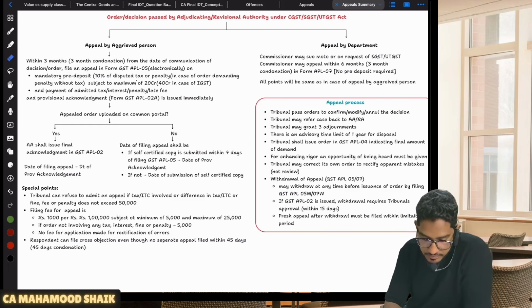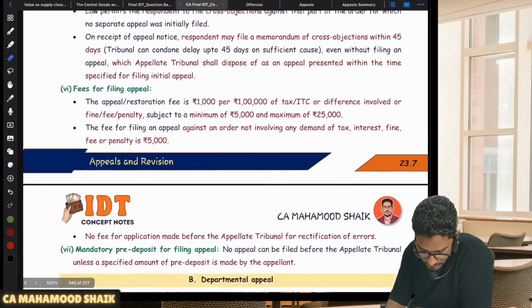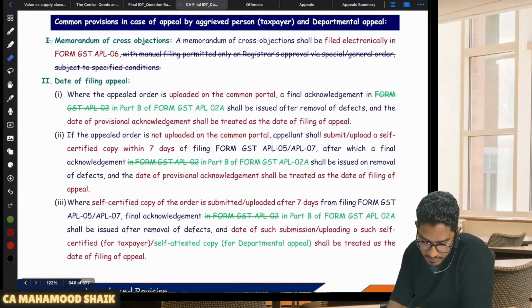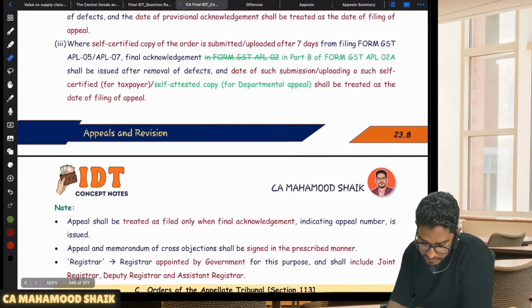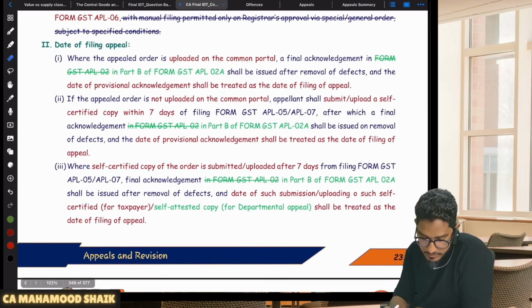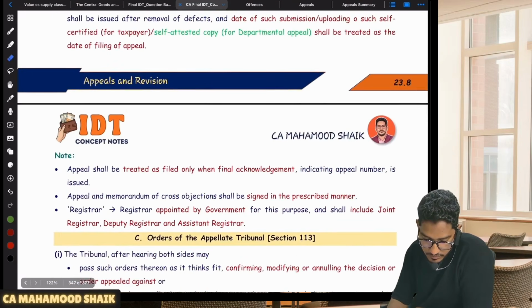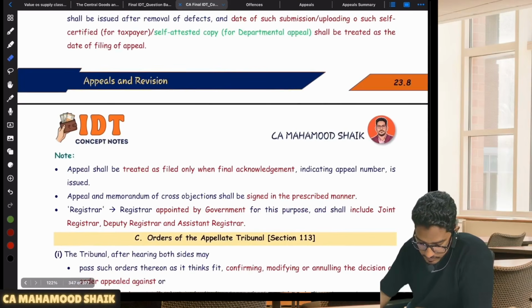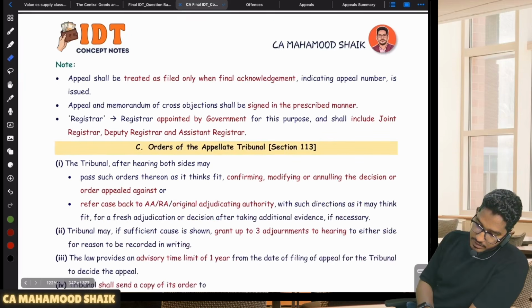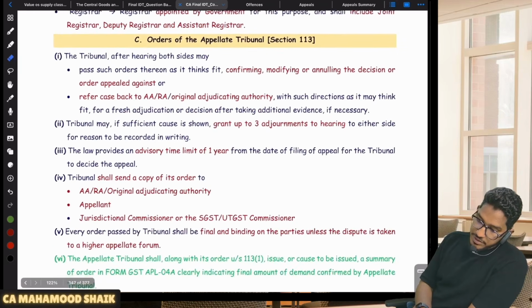Anything new? Even the common provisions you can read. Common provisions also you read it. You will be able to understand. Read the order also, order of appellate tribunal.